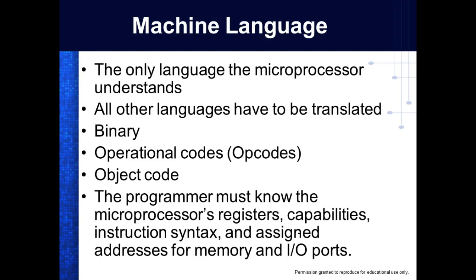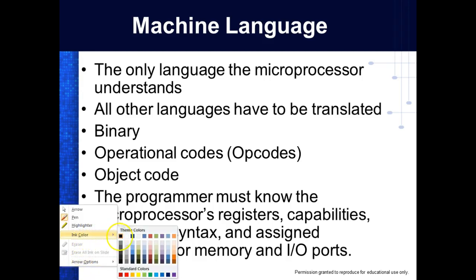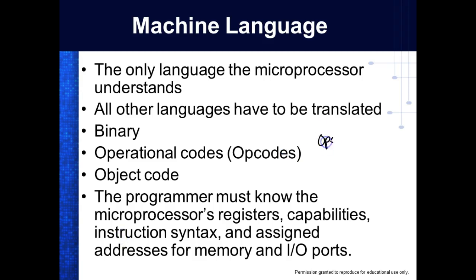Binary, we talked about that, operational codes. By the way, one thing that the book uses often is something called an operand. So we got opcodes, or operational codes, and then we got operands. The book doesn't talk much about opcodes, but it talks about operands all the time.